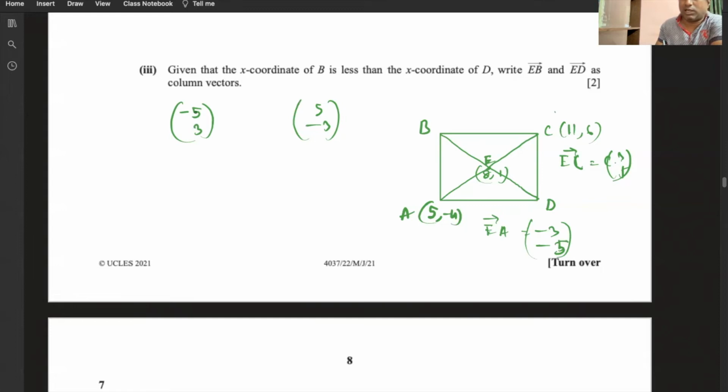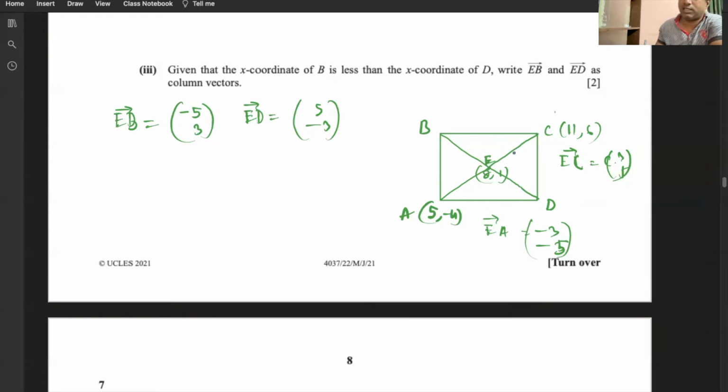So since B is less than D, this will be EB and this will be ED. So that's the concept we can apply here.